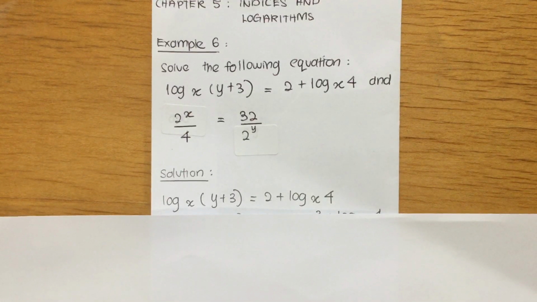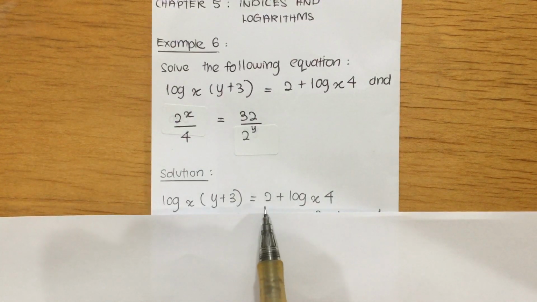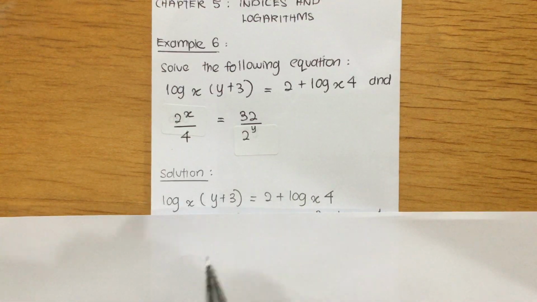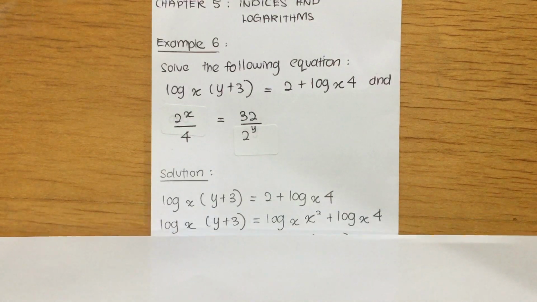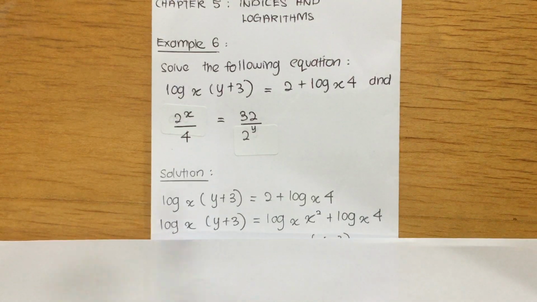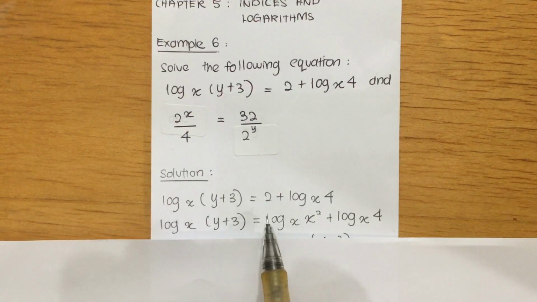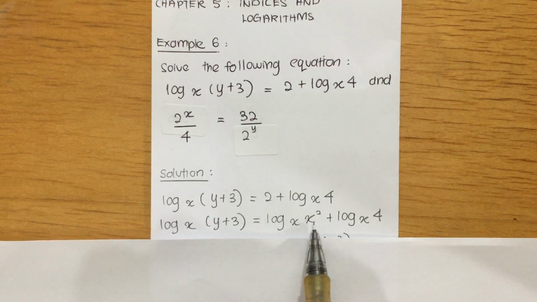So let us continue. These we are going to convert to base x, guys. So what we get is 2 log x with respect to base x. So from here, log y plus 3 with respect to base x, as I said earlier, will become 2 log x with the base x.